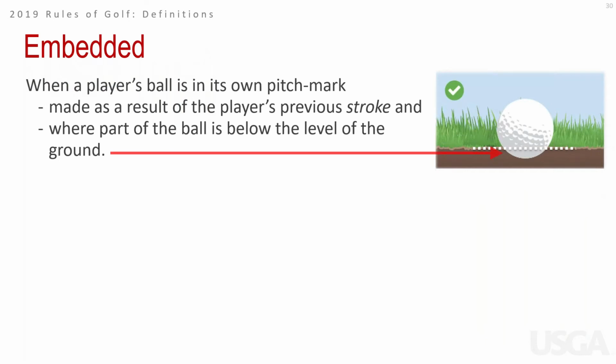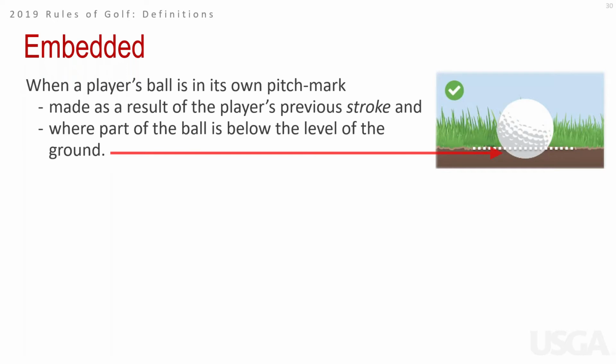We'll jump into now another free relief situation, embedded ball. The player's ball is embedded in its own pitch mark, made as a result of the player's previous stroke, and where part of the ball is below the level of the ground.